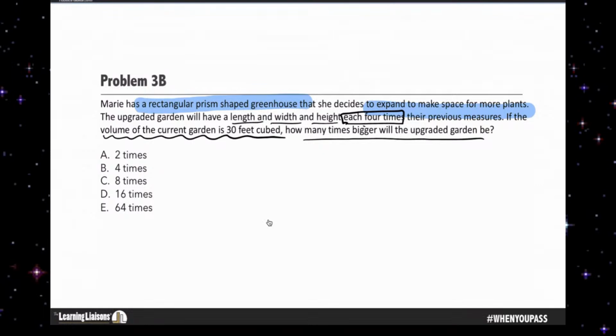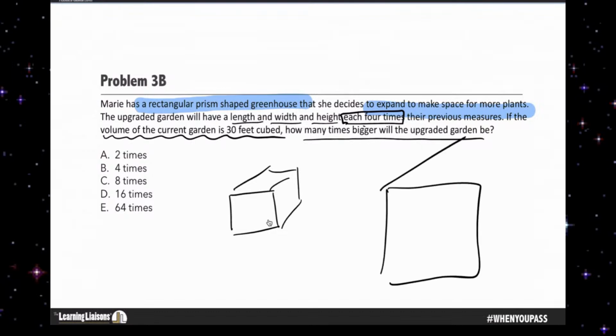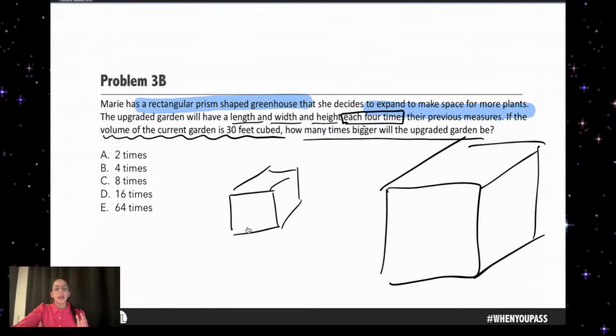In this case, again, if you need to, you can always create measurements that are going to equal 30, and then you can create a new garden, right? But if we know that when we scale something, my area is going to be squared, my volume is going to be cubed, then I can take this 4 times and cube it, and it will give me how many times the upgraded garden will be.